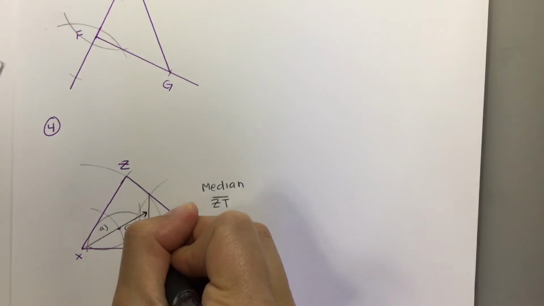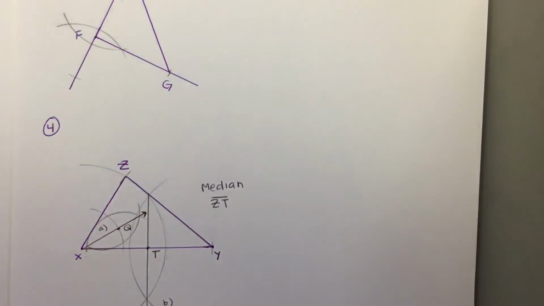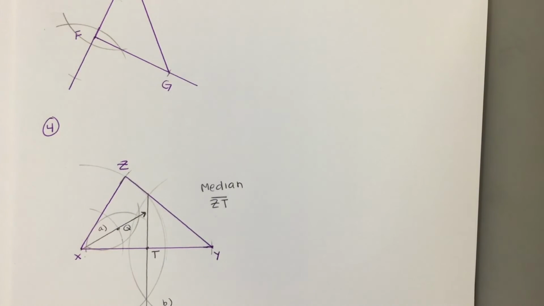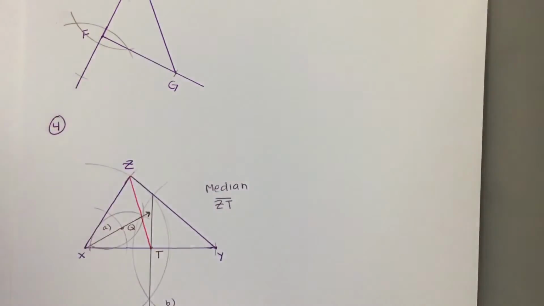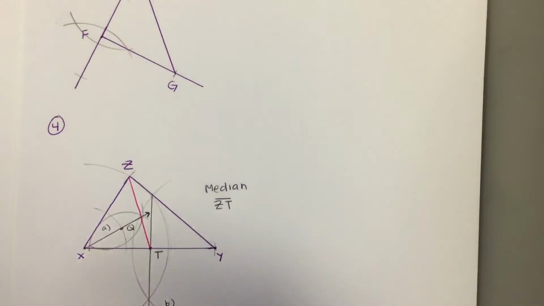So that means that this point right here has to be T. So to construct the median, I'm going to line up Z with T. And those are the 3 parts of number 4. This is part C.